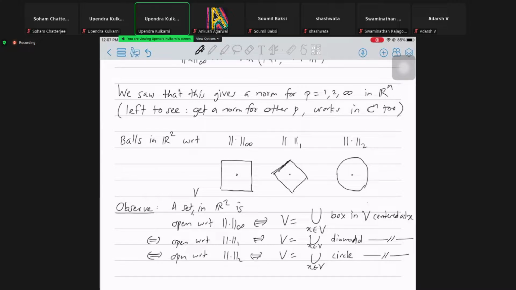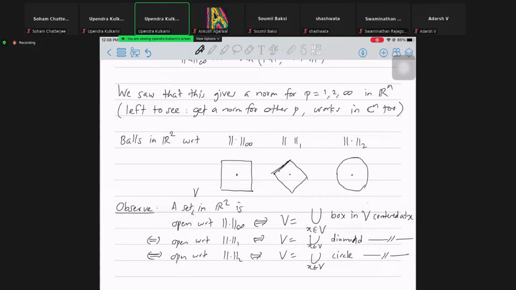I mean, notice that V is certainly the union of singletons X contained in V. But let's say I have a set which meets the first description, that I have a bunch of points and I'm putting a square around each one of them. But then you see inside each one of these squares, I can draw a diamond.